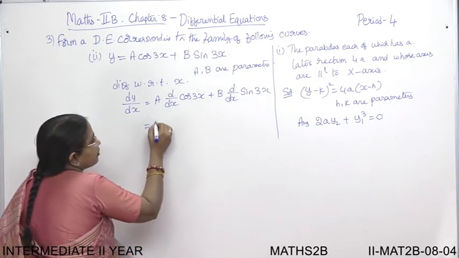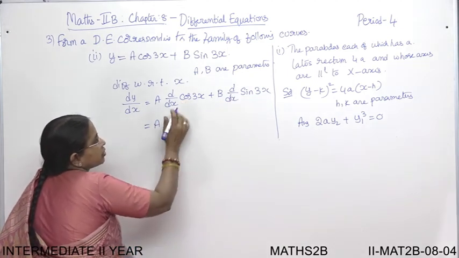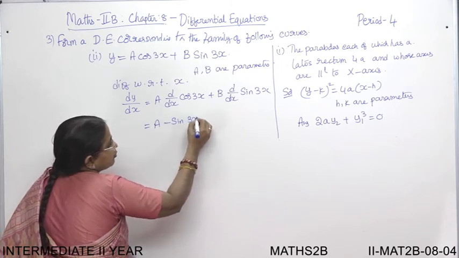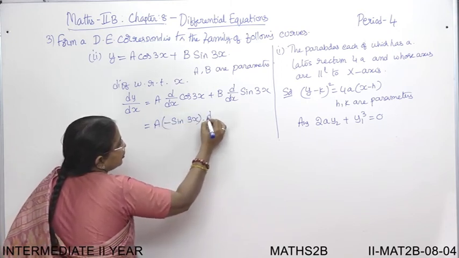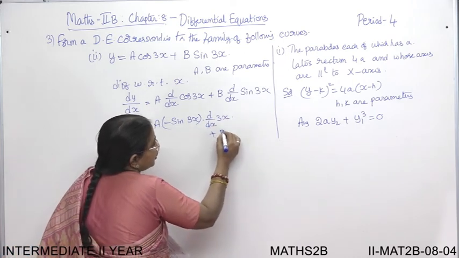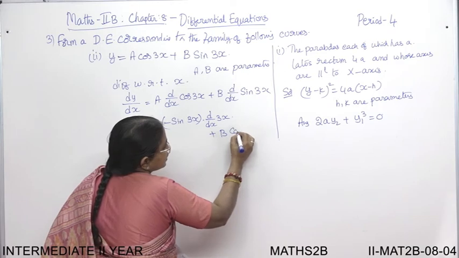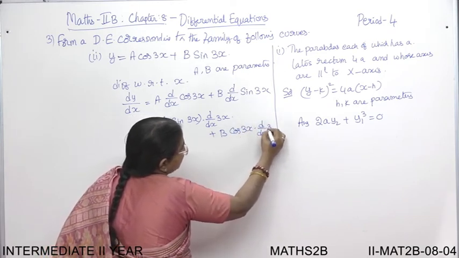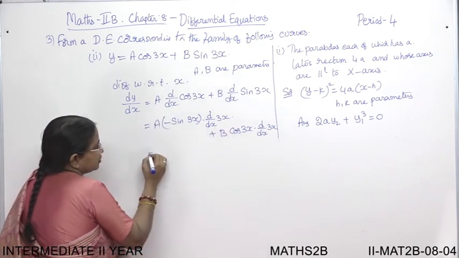Now what is the derivative of cos 3x? Outer function is cos. Derivative of cos x is minus sin x. So minus sin 3x into the derivative of 3x. Plus b into derivative of sin 3x is cos 3x into the derivative of 3x. The derivative of 3x is 3.